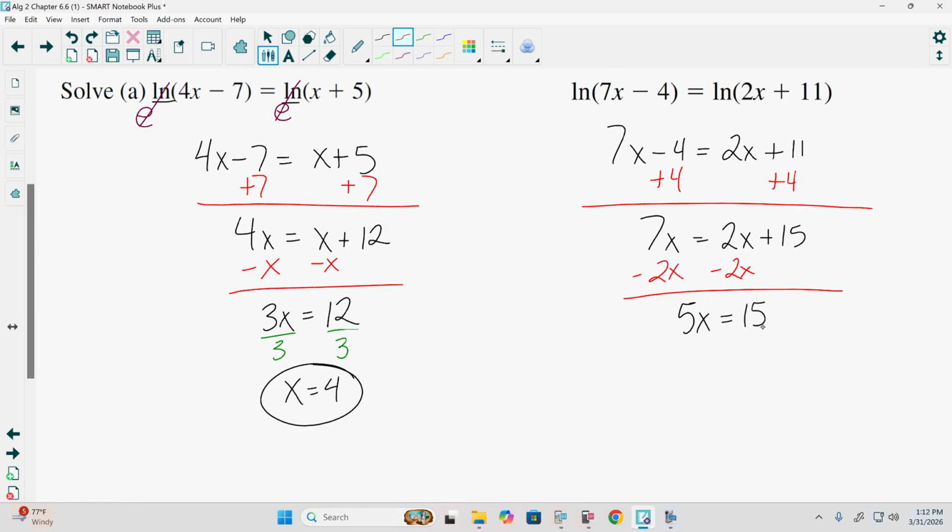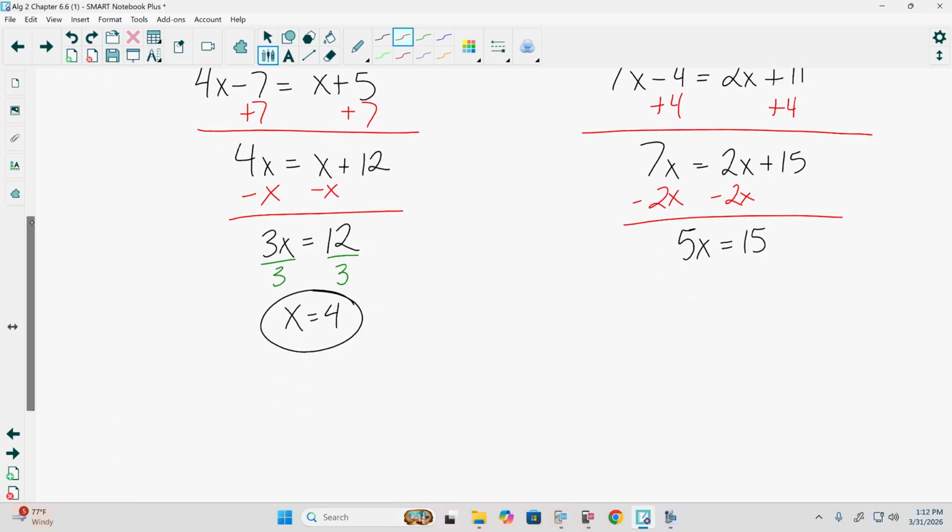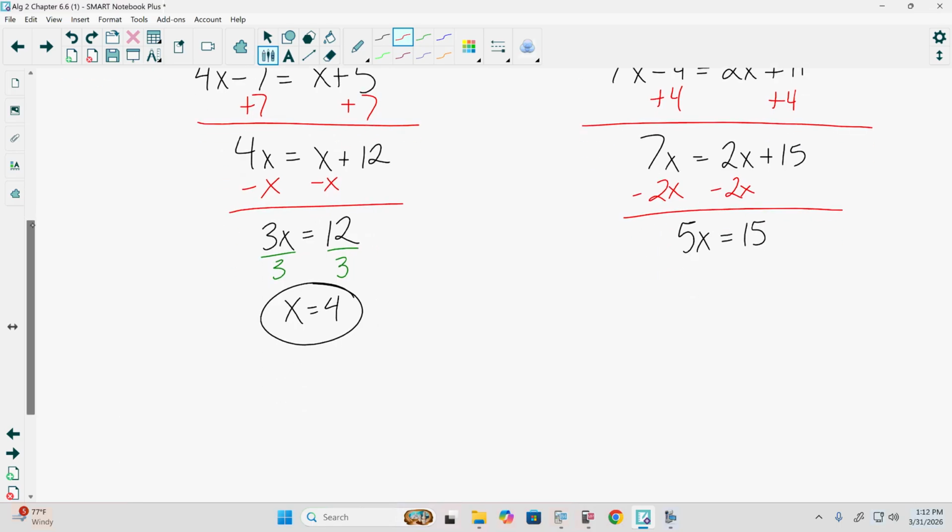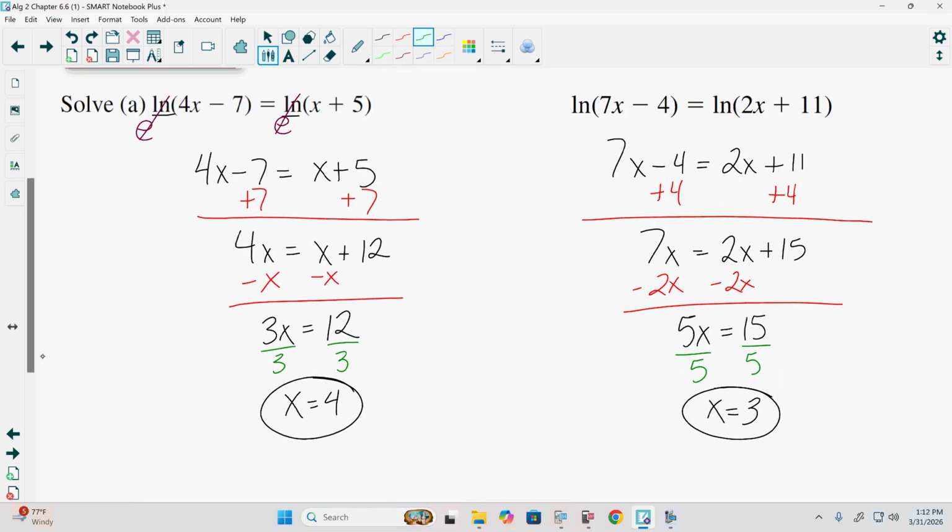Telling us that 5x is equal to 15. And then last but not least, we would divide by 5, telling us x is equal to 3. Questions on these here? I'm good with these here so far.